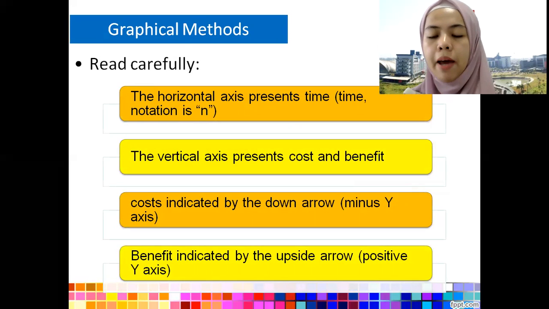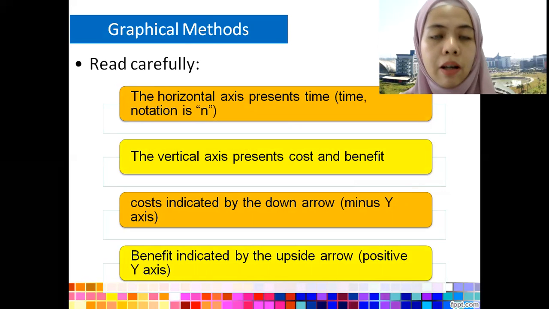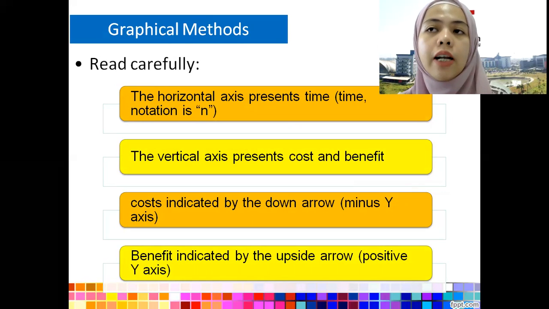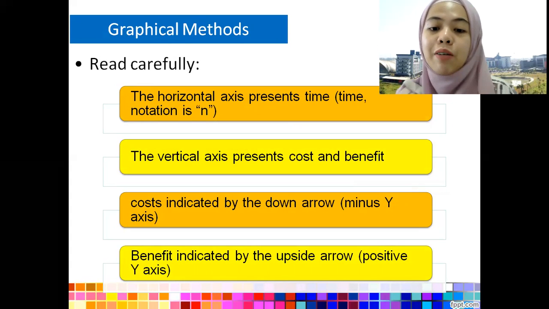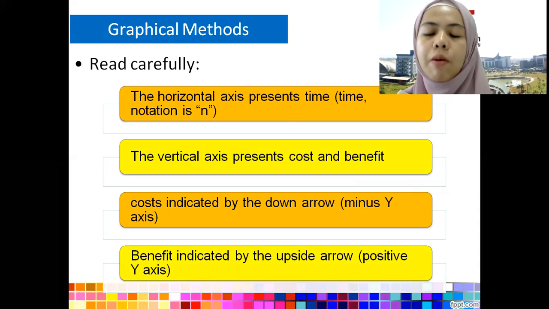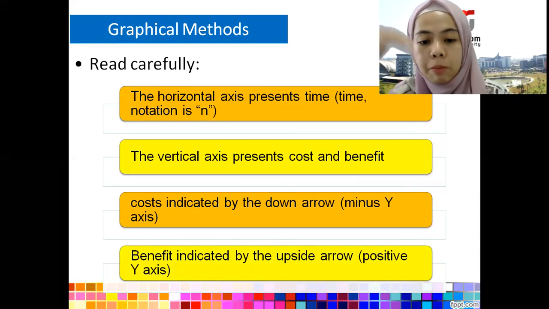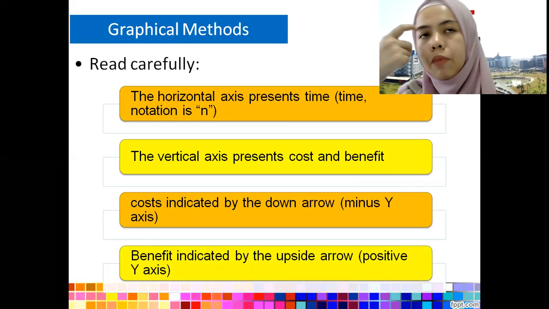For the positive area, it represents any kind of earnings. It means our balance will be increased. There will be some additional amount of money in our bank account, in our balance. And the negative side, which is the downside, is for any kind of expenses.